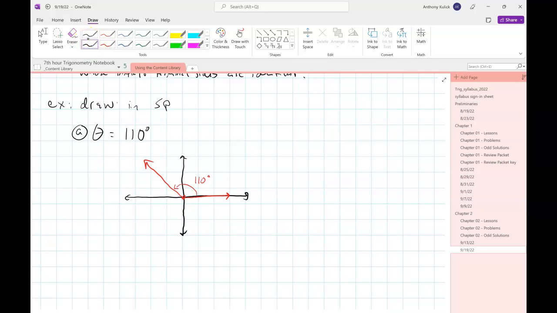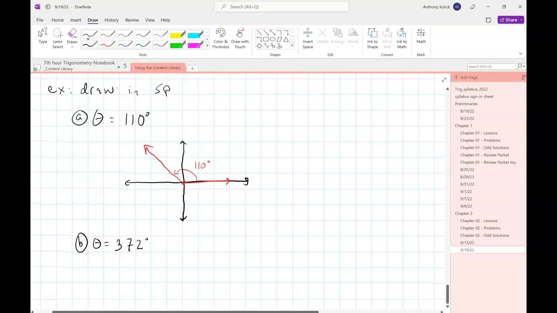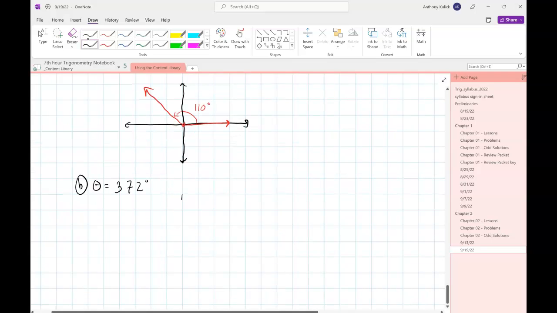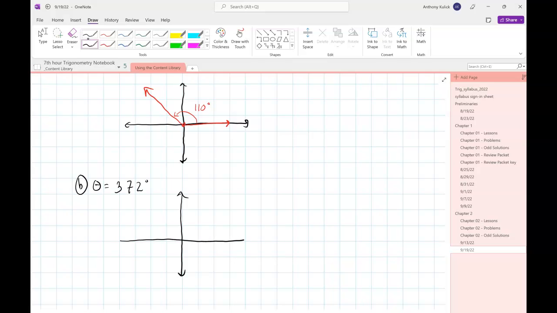All right. What if theta is 372? Okay, well, go ahead and start by drawing here. Put in my initial side. And we start rotating.